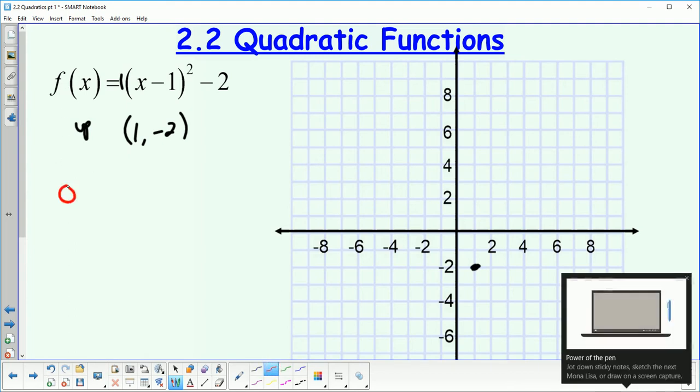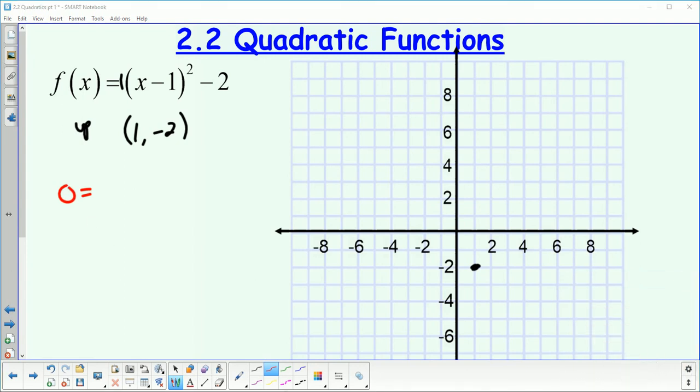So I'm going to plug in 0 here, and I get x minus 1 squared minus 2, and I'm going to solve this for x. So I'm going to start by adding 2 to both sides, x minus 1 squared equals 2, and then I'm going to square root both sides.